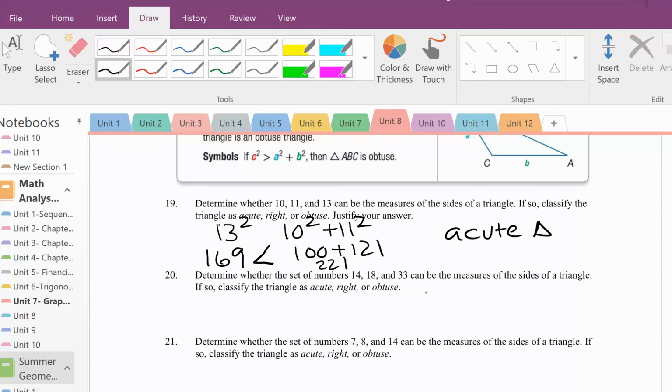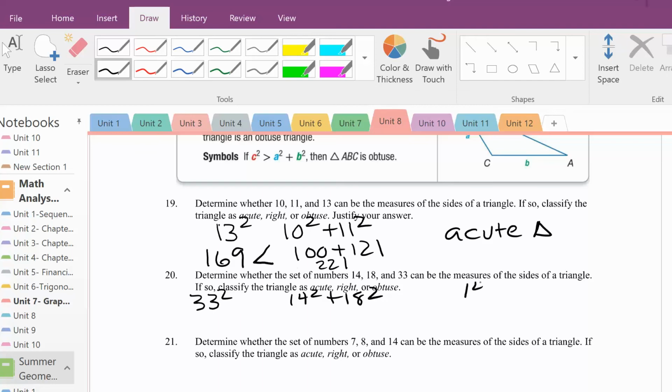So 14, 18, and 33. You have to determine how 33 squared compares to 14 squared plus 18 squared. Well, first, we have to determine if there can be a triangle.